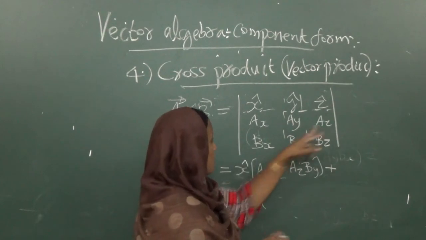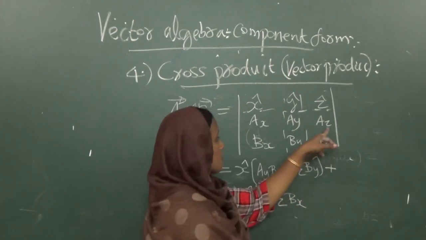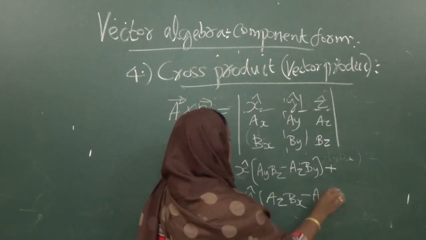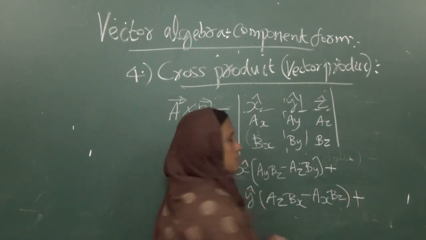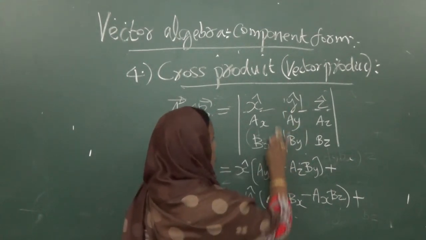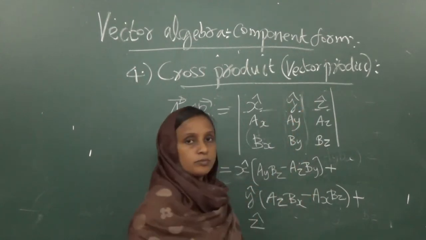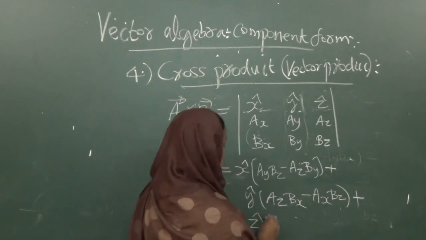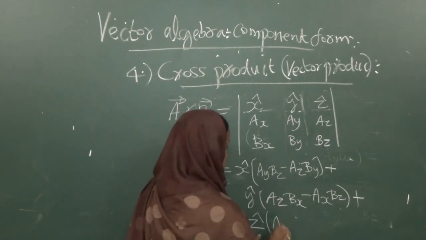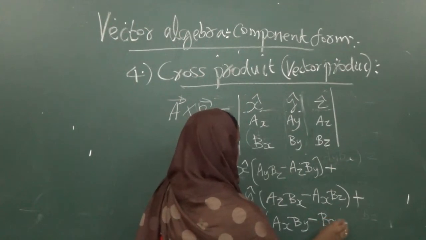So the z component is Az Bx minus Ax Bz, plus. Then comes the last component, z cap. For that, removing this column and this row, you have only these terms. From that you get Ax By minus Bx Ay.